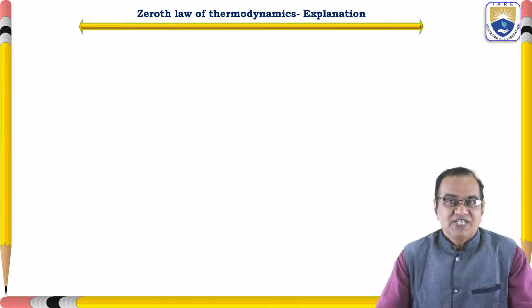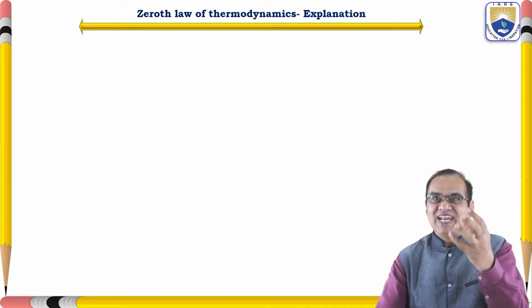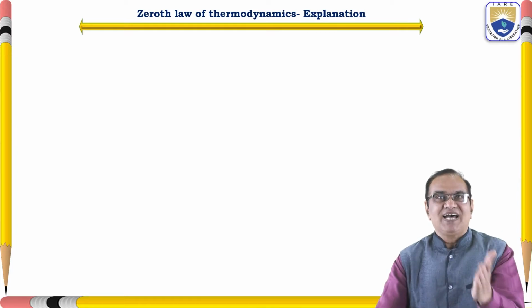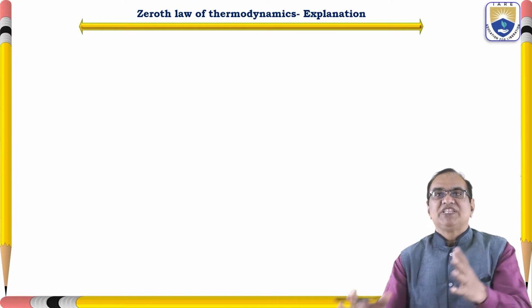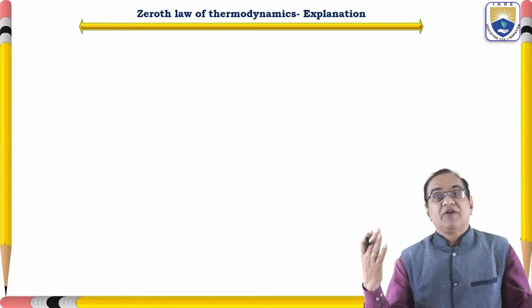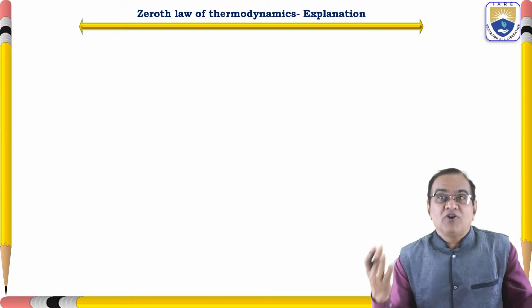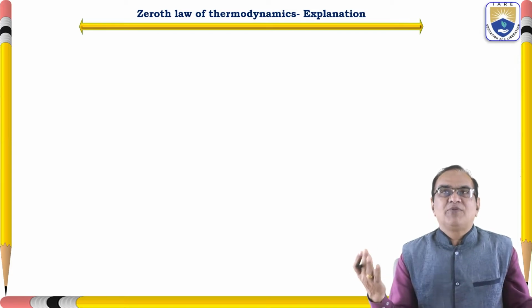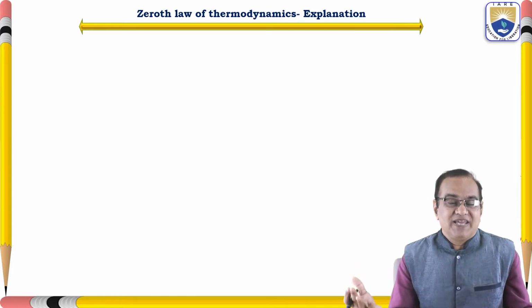Very important. Just now I also told you, this is very late compared to the first law, second law and third law. The Zeroth Law of Thermodynamics came last. So there was a full debate: should we give the fourth law of thermodynamics or some other name?